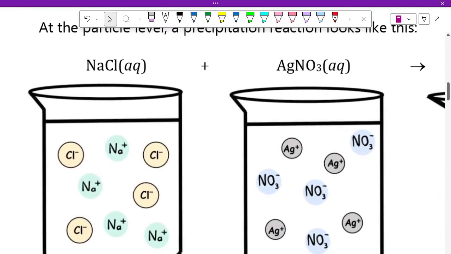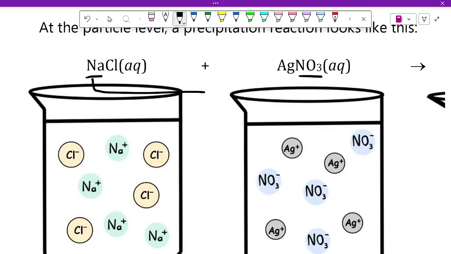To review what it looks like, you start with two solutions that have dissolved ionic compounds. The ions are free floating. When you mix them together, do you remember how to predict the products? You take your outside ions and combine them, going forward for the outside ions, and then you take your inside ions and go backwards. So you end up with the metal in front of the non-metal.